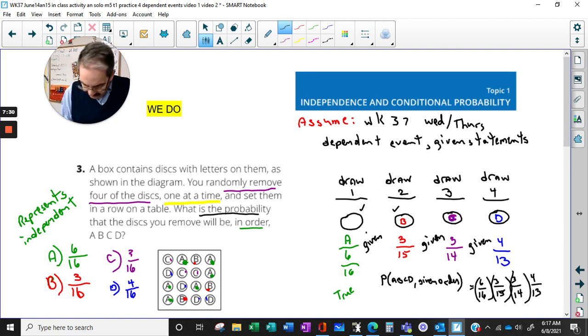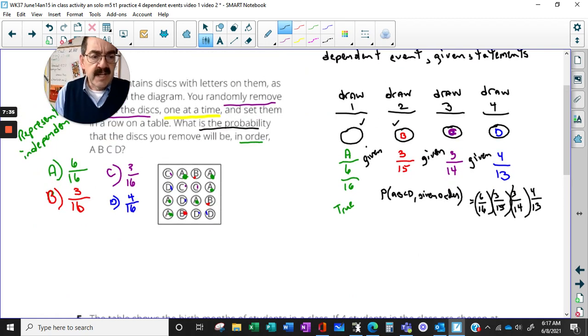Okay, now to speed up the process here, I've already done this calculation, and 6 times 3 times 3 times 4, we get 18 times 12. 18 times 12, we get 216 over 16 times 15 times 14 times 13. That's 43,680. Okay, and if we use our calculator to simplify, we'll get down to 9 over 1820.